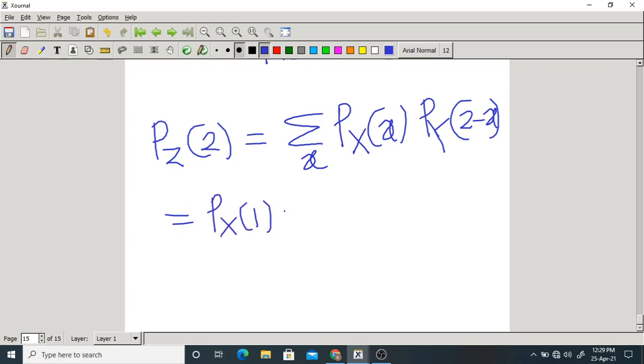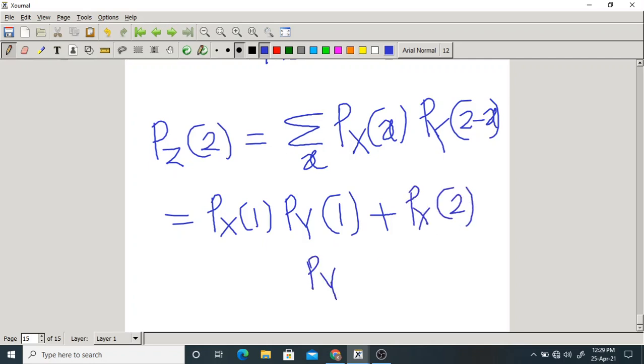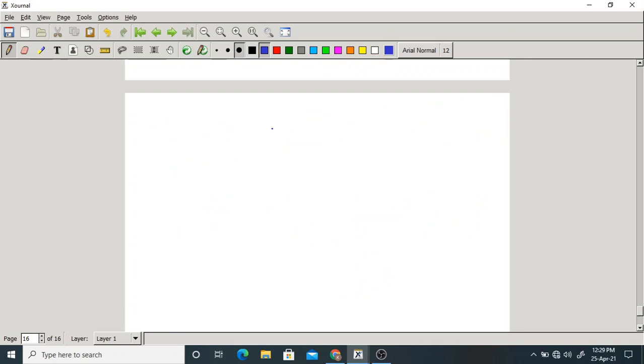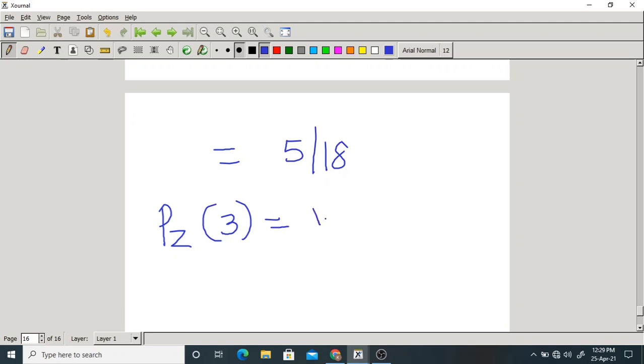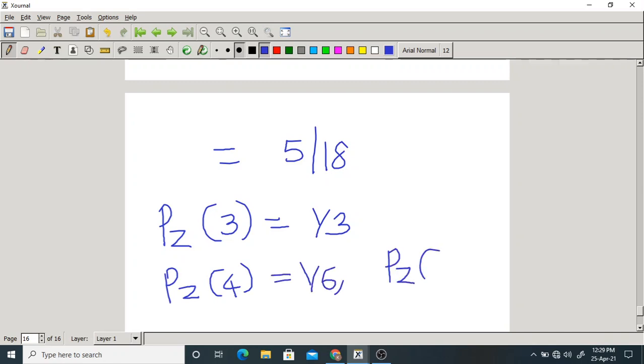Px of 1 into Py of 2 minus 1, that is 1, plus x is 2, Px of 2 into Py of 0. What do you get? You get this as around 5 by 18. In the same way, calculate all values. Pz of 3, you get 1 over 3. Pz of 4, you get 1 by 6. Pz of 5, you get 1 by 18. Like this.